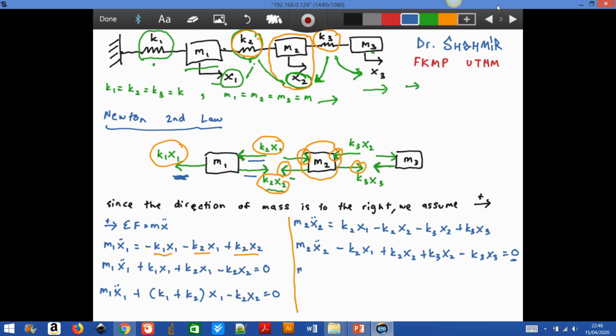Okay, we factorize: m2 x double dot 2 minus k2 x1 plus (k2 plus k3) x2 minus k3 x3 equals 0. So that's all for the second mass.